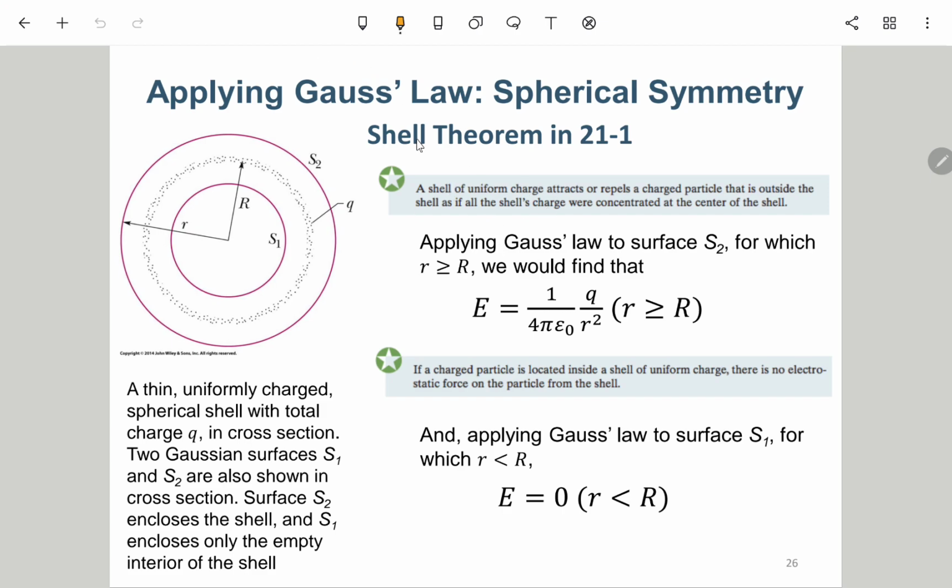So let's see. For the shell theorem 21.1, it says a shell of uniform charge attracts or repels a charged particle that is outside the shell as if all the shell's charge were concentrated at the center of the shell. So this means that if we have a spherical shell with a uniform charge distribution, then from the outside we see all the charge as if it were located at the center.